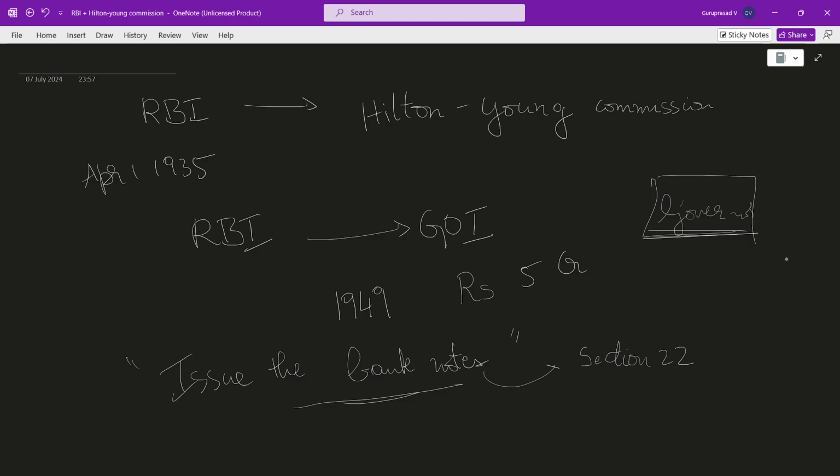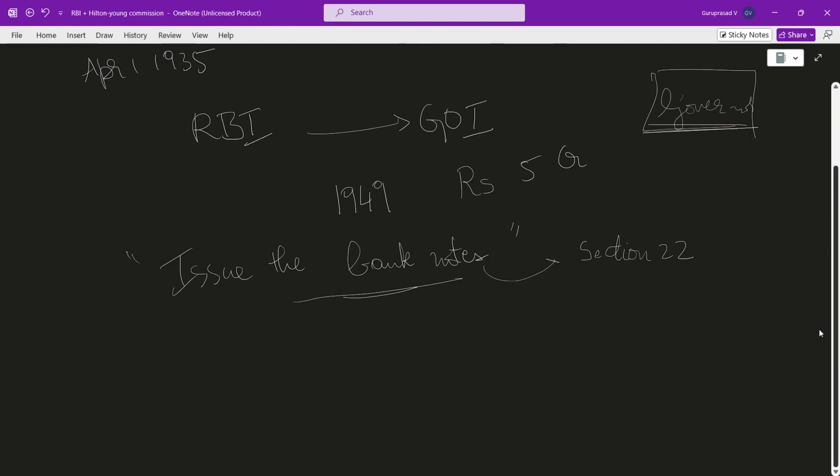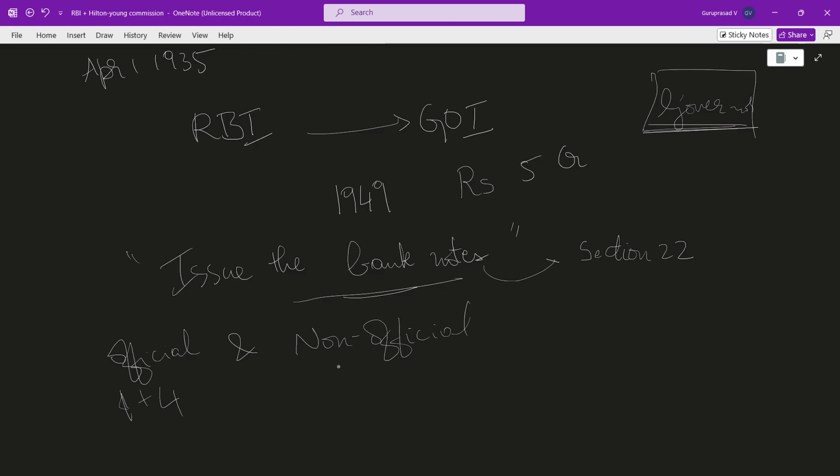Okay, let's come to how the central board of RBI works. The central board of RBI has directors. There would be some official directors and non-official directors. Official directors are the governor plus four deputy governors, and non-official directors are 14.